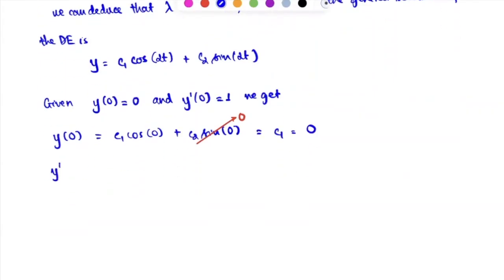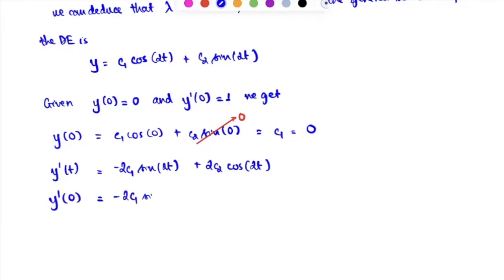So y prime of t is equal to negative 2c1 times sine of 2t plus 2c2 times cosine of 2t. Therefore, y prime of 0 is going to be negative 2c1 times sine of 0 plus 2c2 times cosine of 0. This term is 0. And you get 2c2 equal to 1, or c2 is equal to 1/2.